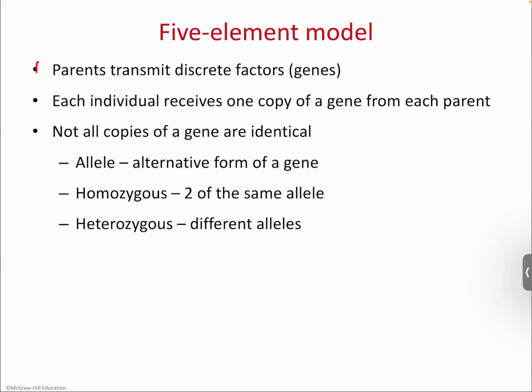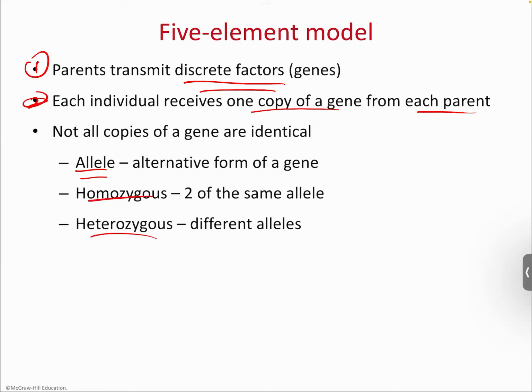The first one is that these traits are basically discrete factors, right? These are particles of inheritance, these instructions, if you will, of inheritance, which we now know are genes. You only get one from each parent, one from mom, one from dad. You've got alleles, which are alternative versions of the same gene.